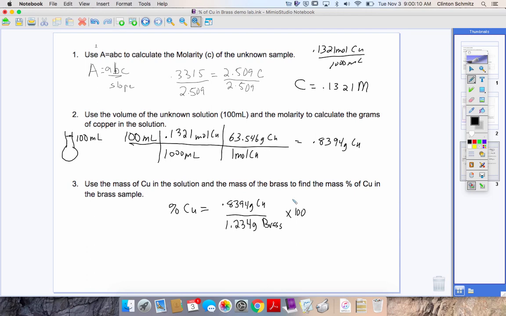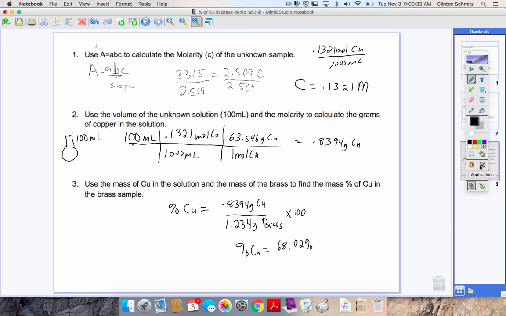Then I multiply that times 100. If I do that, I end up with 68%. So my percent copper is equal to 68.02%. All right, that's it for this lab.